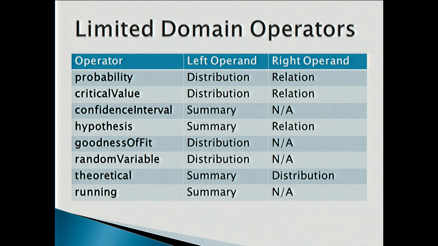But I want to expand that to any of these distributions, so we can do that with the random variable operator. And theoretical and running, these are some other ones that I put out there. So we can take this whole idea of operators and do lots of different stuff in statistics.